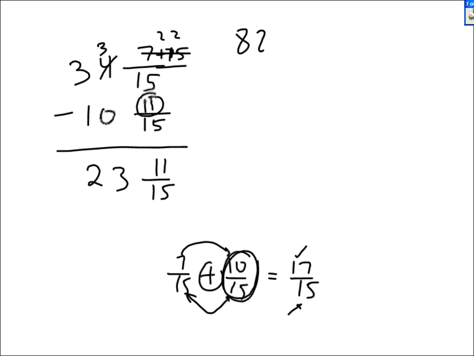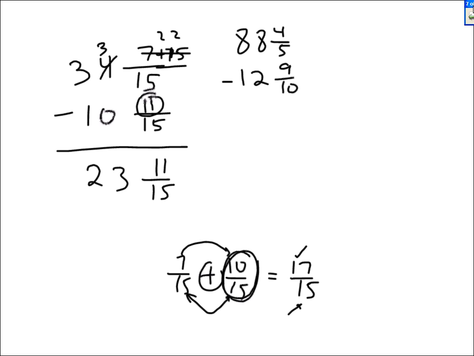You have 88 and 4/5, and you want to take away 12 and 9/10. Well, first you have to get the denominators to be the same.